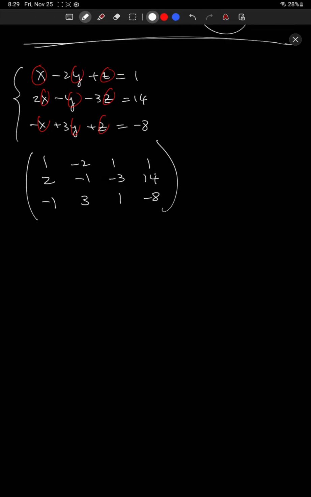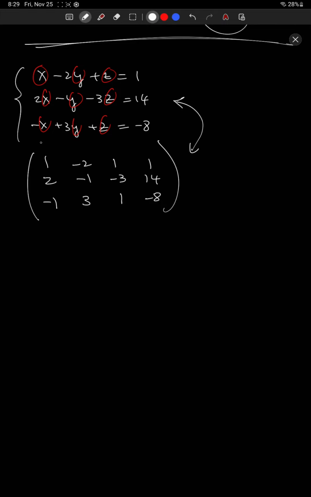So this matrix here carries the same amount of information as the equations I've written up here. The only difference is I have to remember in the back of my mind that the first column represents the x's, the second column represents the y's, and the third column represents the z's. That way I can always move back and forth between the two representations of my system.